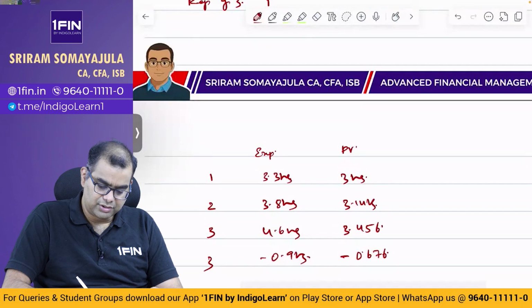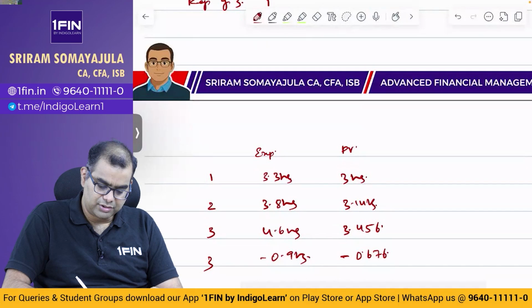Now, total cost. So 5.5 minus 0.18181 is 5.31819. 5.5 plus 4.4045 is 9.9045, and this will be 14.42.